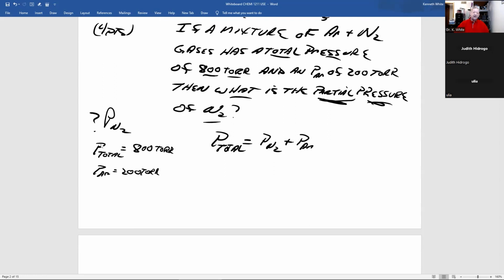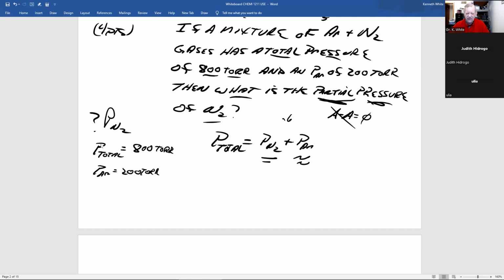Doesn't matter which order you put one or the other first. Now, what are we being asked to solve for? This. Well, we got to get rid of this. And how do you get rid of something when you're adding things together? A minus A equals 0, meaning that's gone.